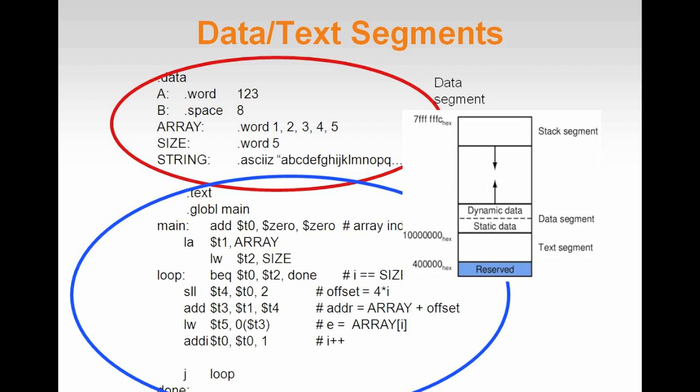Besides these two segments, there is yet another structure in the process stack called the stack segment. It is used in function calls and expands and shrinks during a typical program execution. We'll go into more detail about it later.